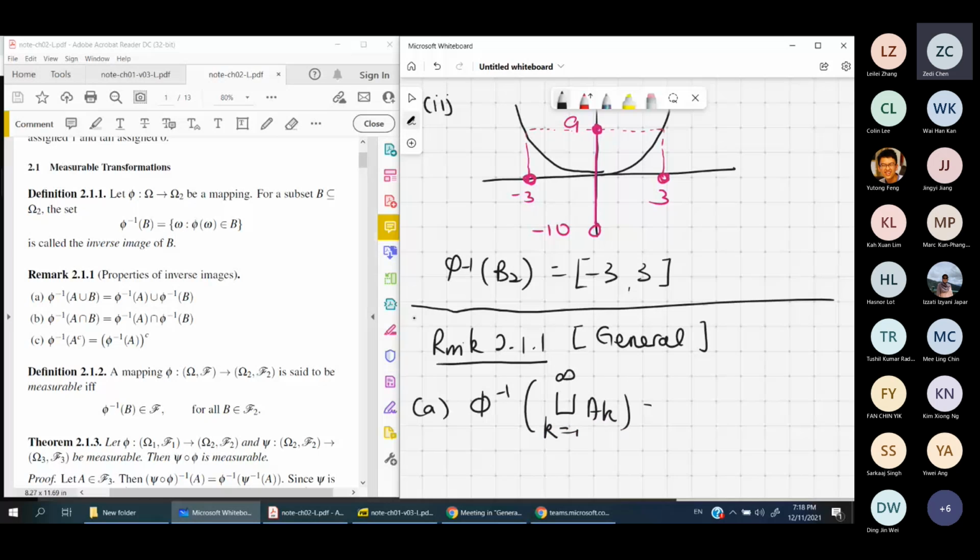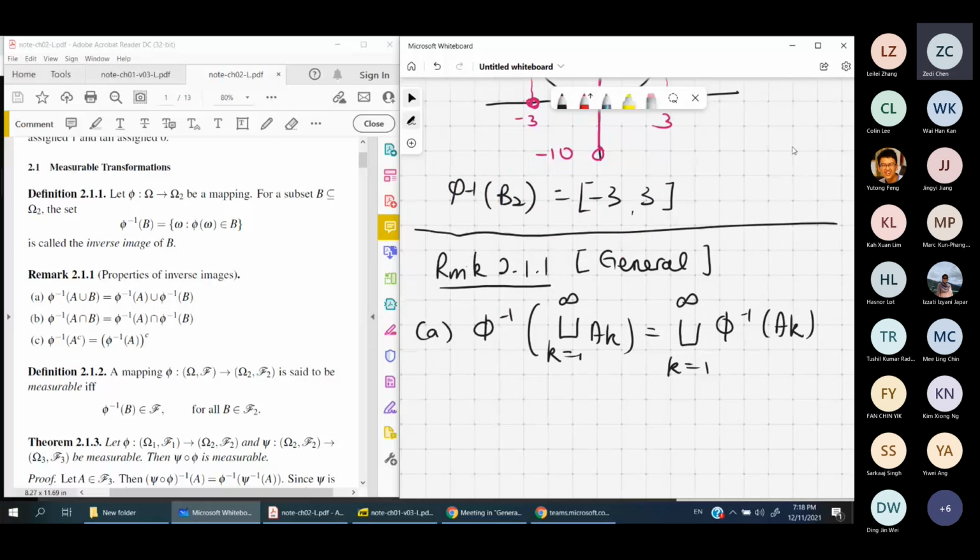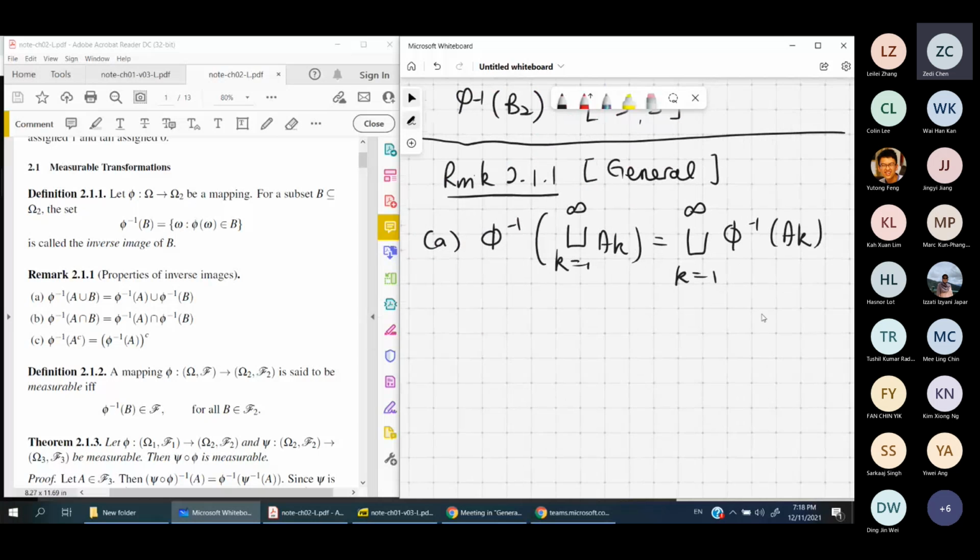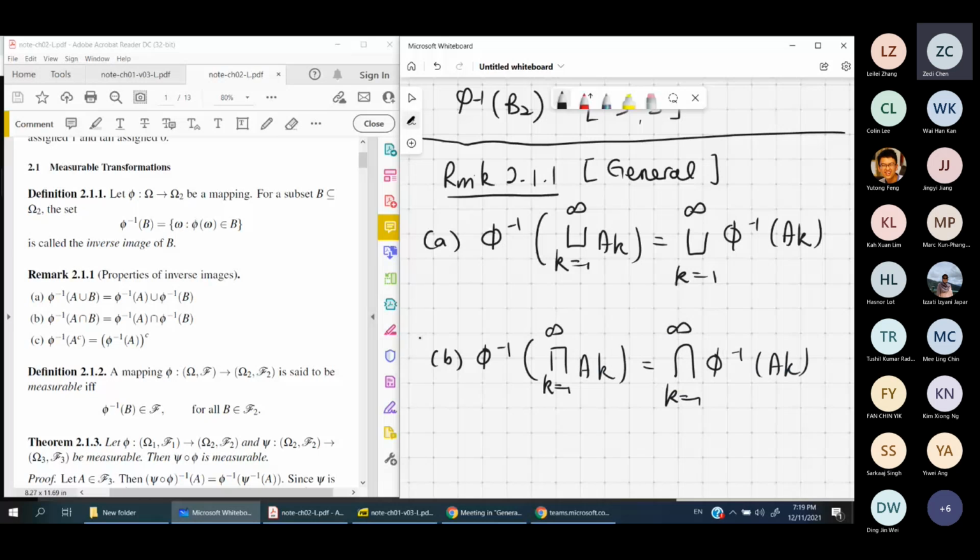You can take it out. So that will be this. Likewise, we can have a similar formula for the intersection case. I'm not going to verify this. However, this is quite straightforward.